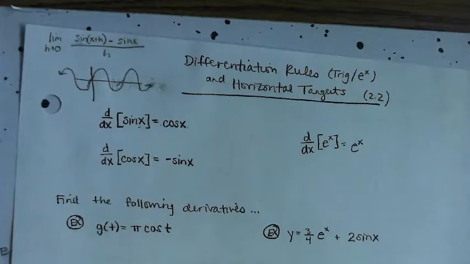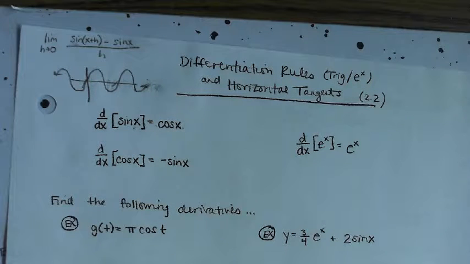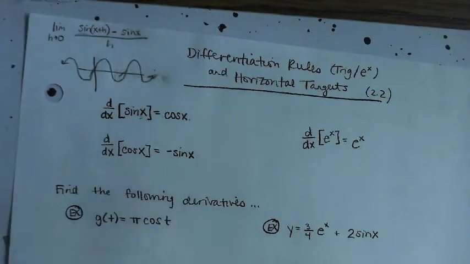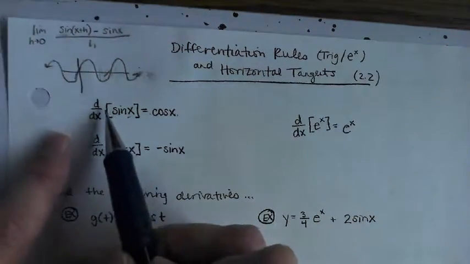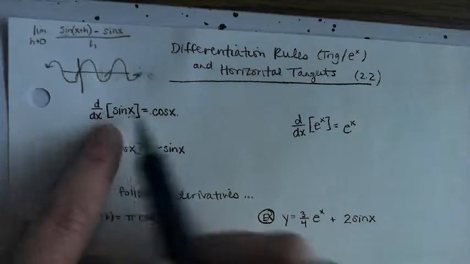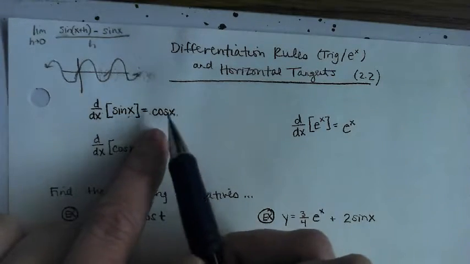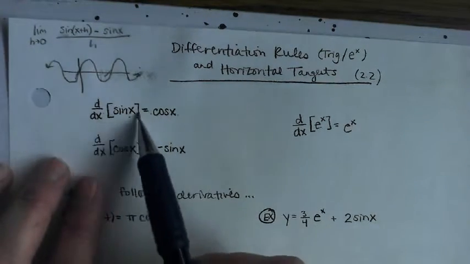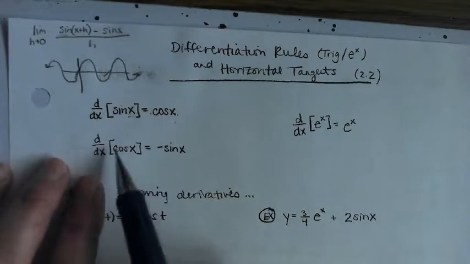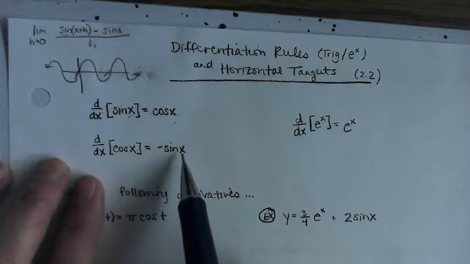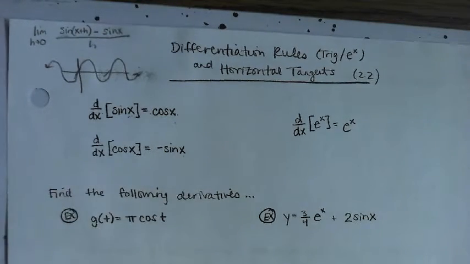As the cycle of sine continues, the slope is also going to be on a pattern. So it makes sense that the derivative of a trig function is also a trig function, something that's cyclical. The derivative of sine is cosine, and the derivative of cosine is negative sine. So you just have to memorize those.